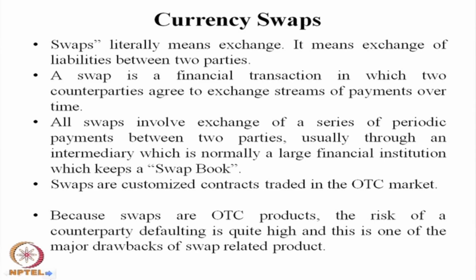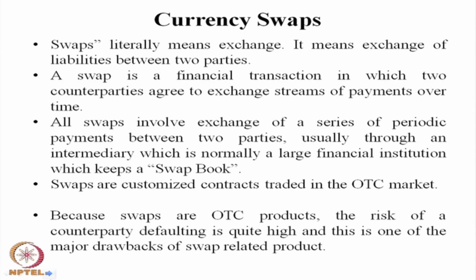They are customized as per the requirement of the two parties. The customization takes place on the value size of the swap, the payment period, whether annual, quarterly or half yearly, and also which currencies are involved in case of currency swap. On that basis, we can design or customize the swap as per the requirement of the two parties.